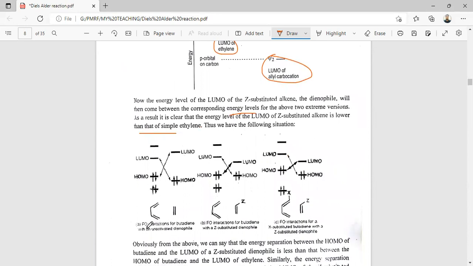So now this is the example. Here, for the interaction of butadiene with a simple alkene, this is the HOMO and this is the LUMO, so it is a HOMO-LUMO interaction. When there is substitution on the dienophile, the energy of the LUMO is decreased, so the energy gap is decreased.